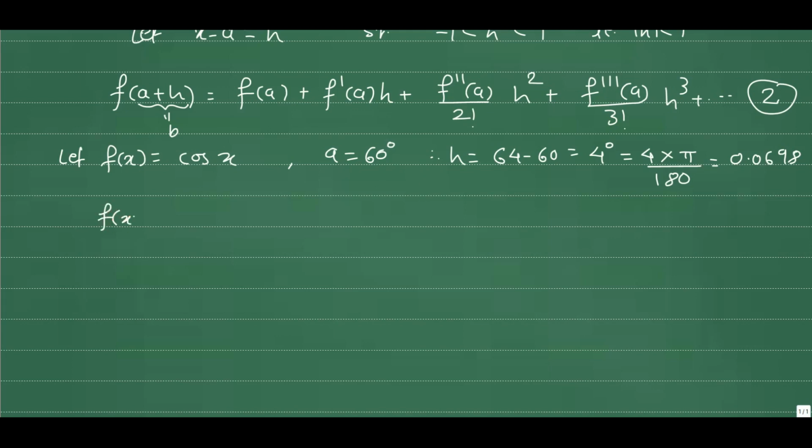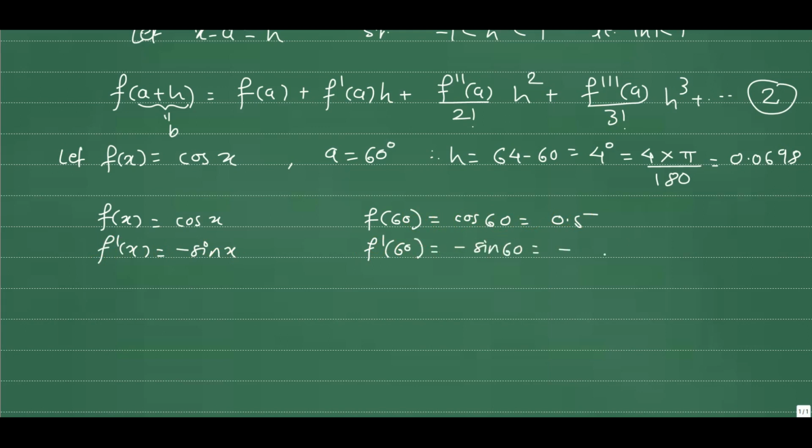f of x is equal to cos x. So what is f of a? That is f of 60, cos 60, and we know that cos 60 is 0.5. Then f dash of x, which is minus sin x. What is f dash of a? Which is minus sine of 60.